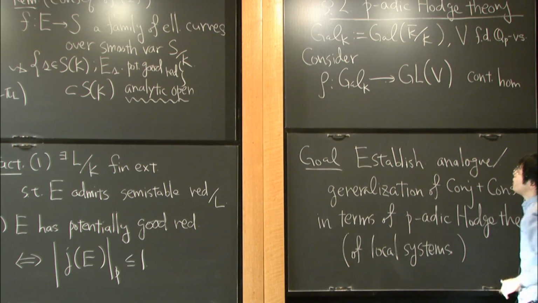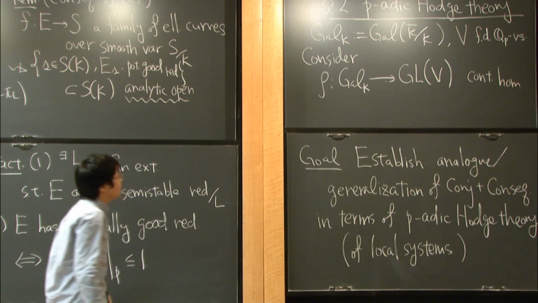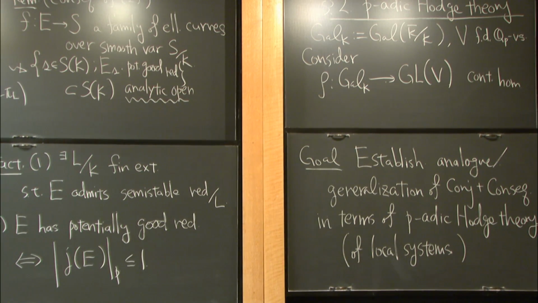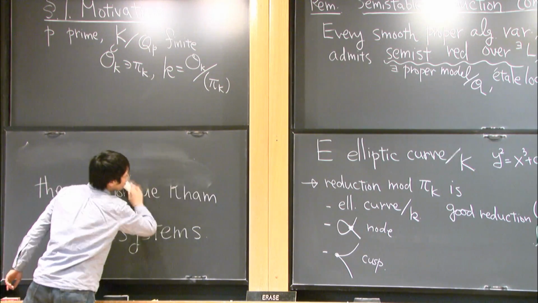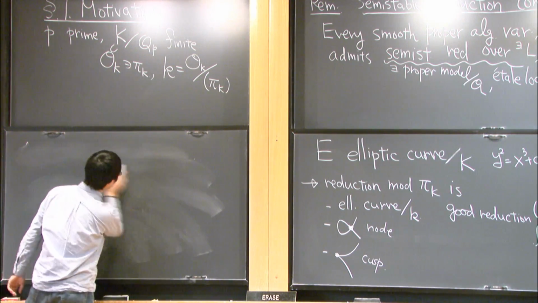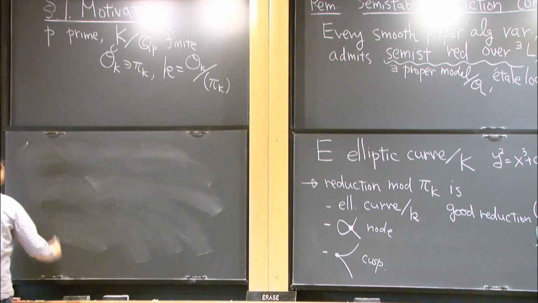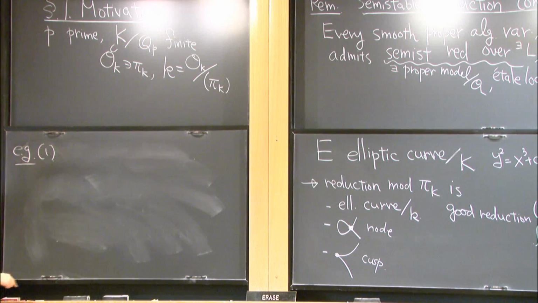And then maybe I need to start with giving you some examples of Galois representations. In general, it's hard to get p-adic Galois representations. Typically what we want to do is first get examples from geometry, and maybe you can use deformation theory to get more examples. For this talk, let's just focus on geometric examples. So the first example is the basic one.